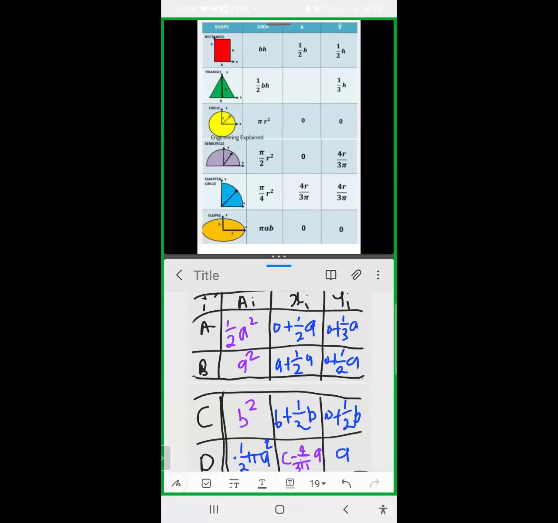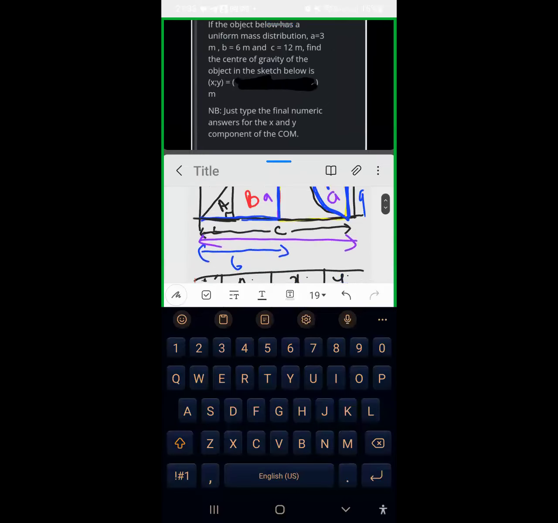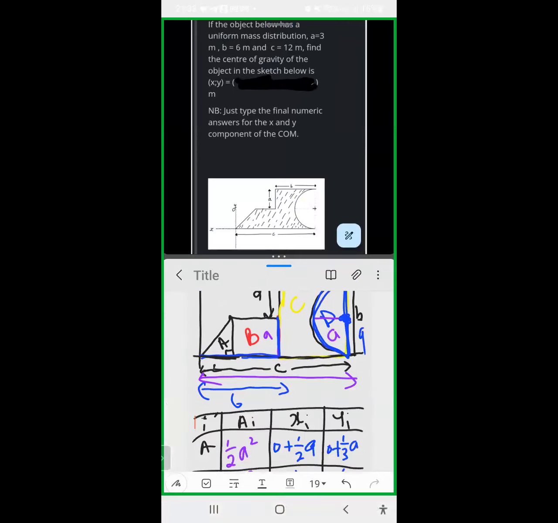okay, I also made a mistake here. Apologies. This was supposed to be 2 over 3, because object A is a right angle triangle.